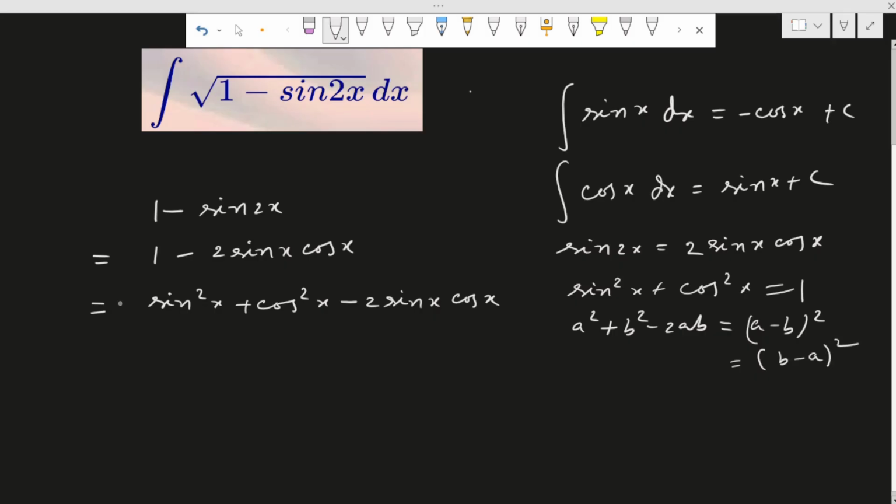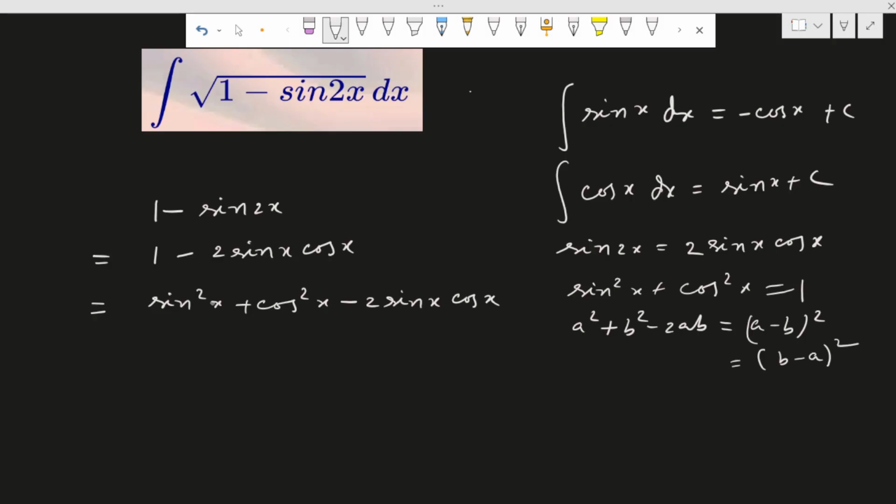But what should be written here? Sin x minus cos x whole square or cos x minus sin x whole square? Actually it is written such that in this case a is greater than b, in this case b is greater than a.